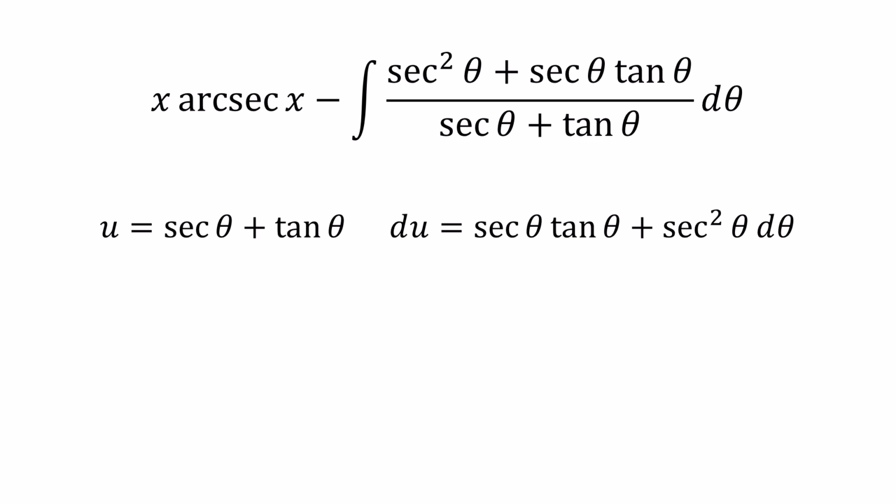Substituting into the integral, we arrive at x arc secant of x minus the integral of 1 over u du.